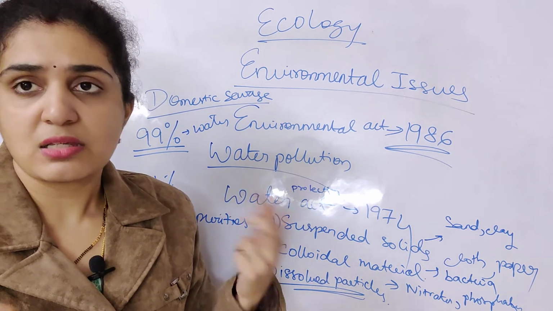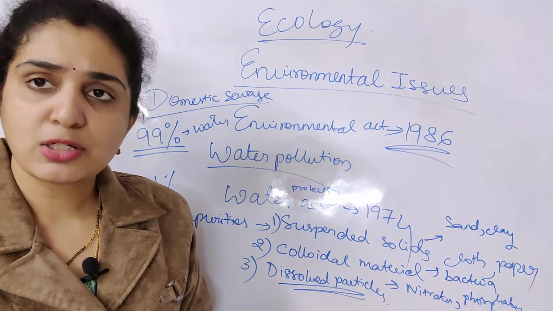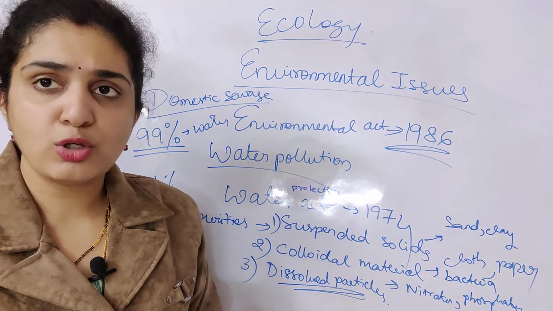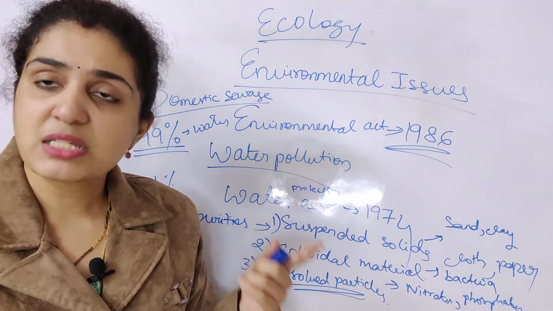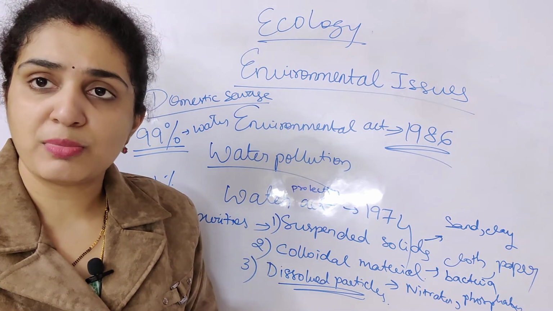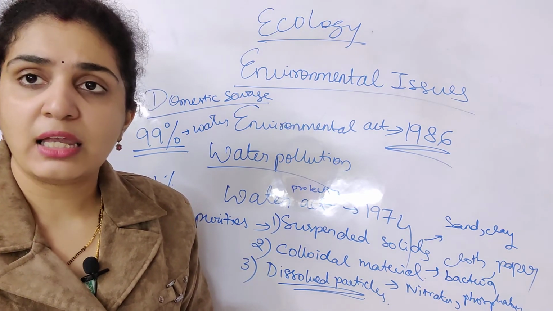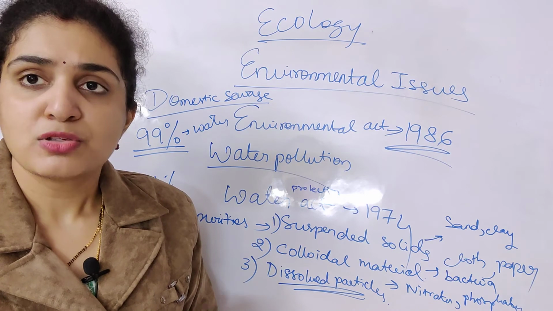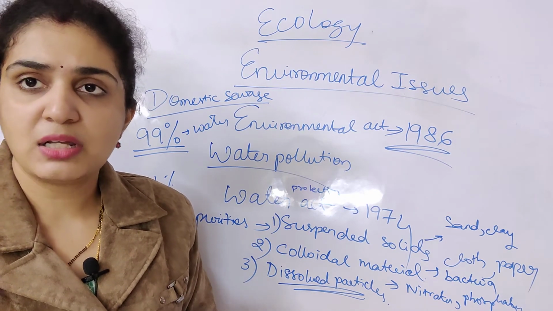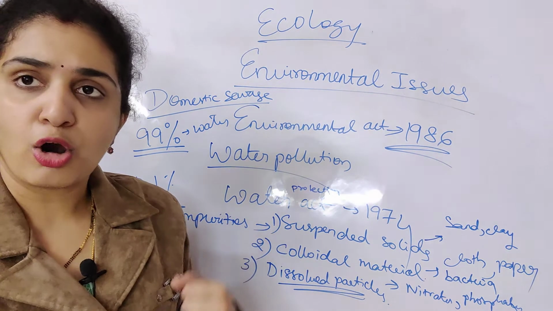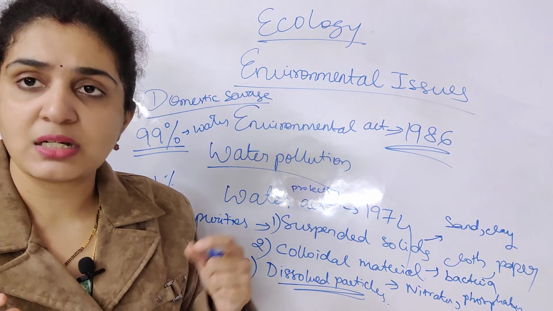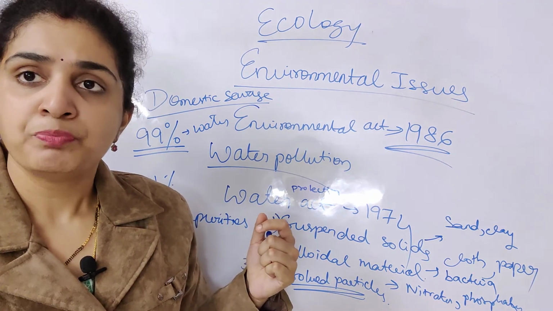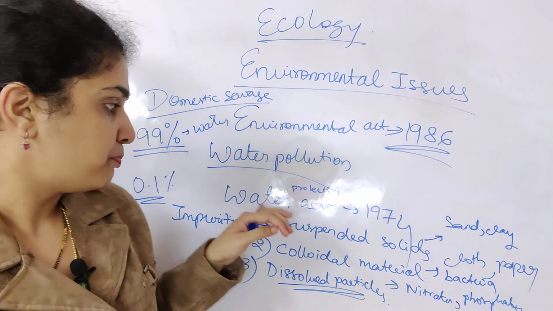You may think, if only 0.1% impurities are there, we can use the water. No, because of this 0.1% impurities present in the domestic sewage, the water is not consumed again usually. So when it is not consumed, it is waste, right? Those 0.1% impurities make it unfit for household uses.